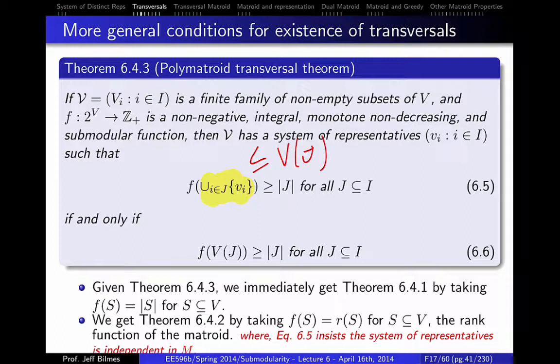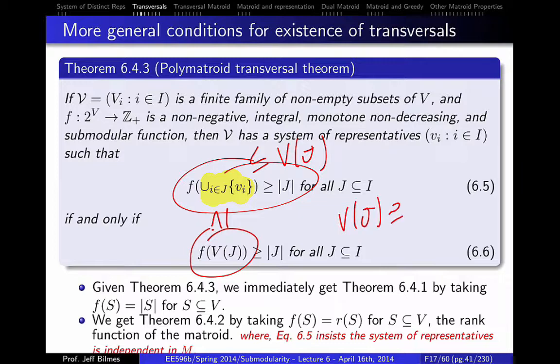So we already have this, and thanks to the monotonicity of f, this is greater than or equal to that, because it's a bigger set. Because V of j is a superset of the union of i in j of V of i.